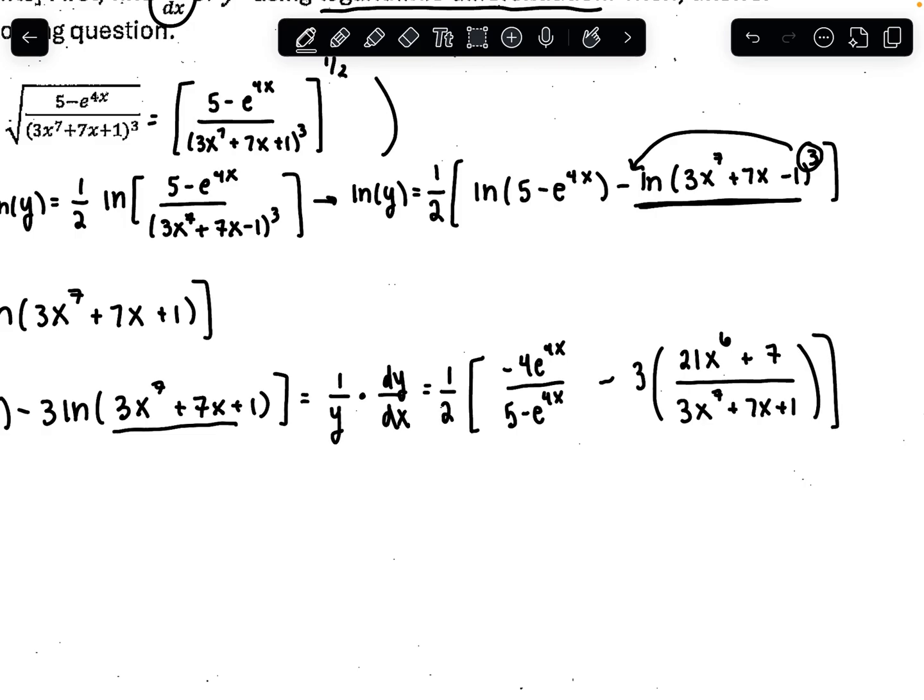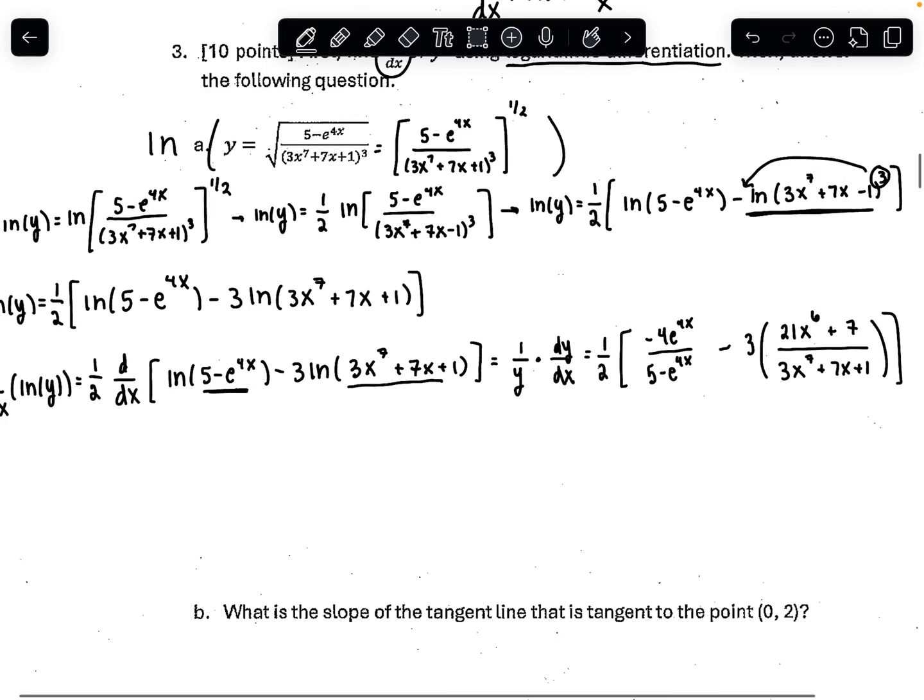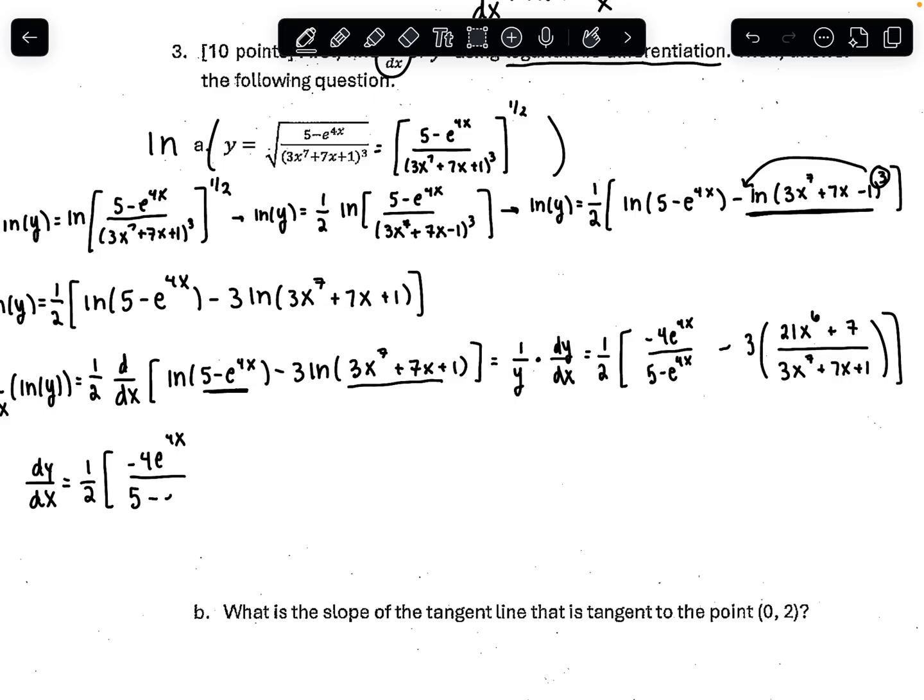We're almost done. We were asked for dy/dx. Right now I have dy/dx times 1 over y. So let's multiply that y up. So we'll have dy/dx is equal to 1/2 times this whole monstrosity.